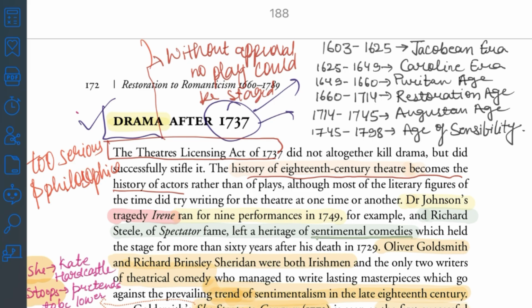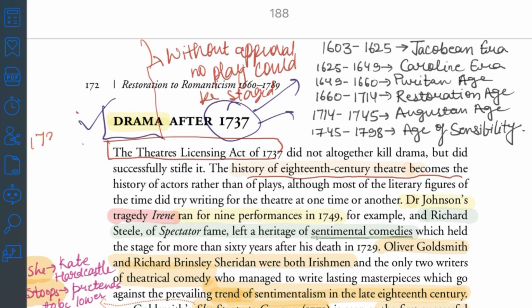So it became unsuccessful, and the audience wanted to see lively comedy or something more emotional, which this doesn't have. If you are reading any writer, just complete the writer, and read any work in chronological order.